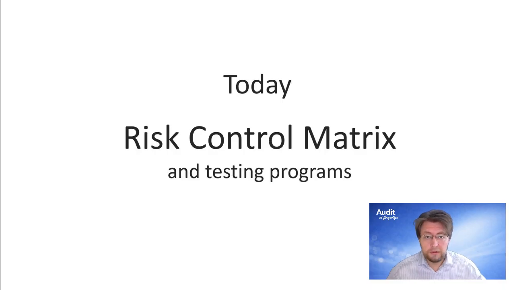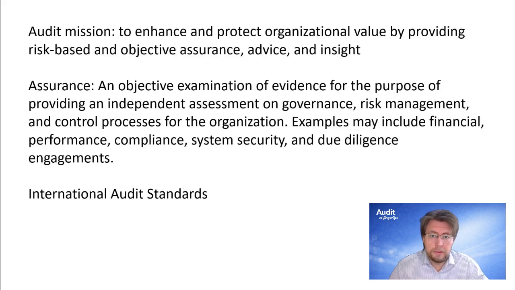Let's start from the beginning, from the risk control matrix, or as we often call it, RCM. And I would like to refer to the audit mission, so what we are doing and for what. I want to remind that audit mission is not about the issues. Audit is about giving assurance.